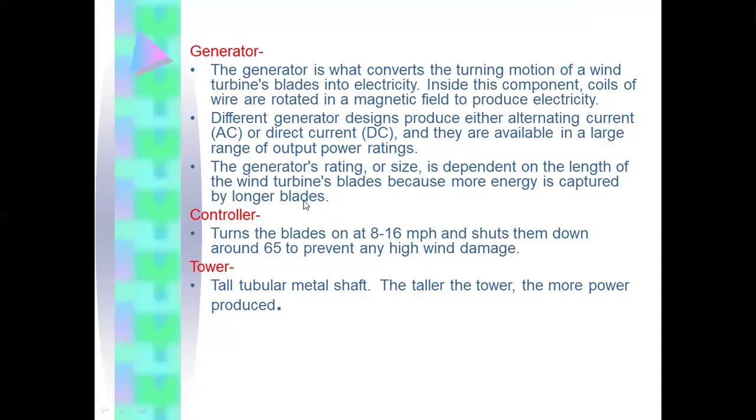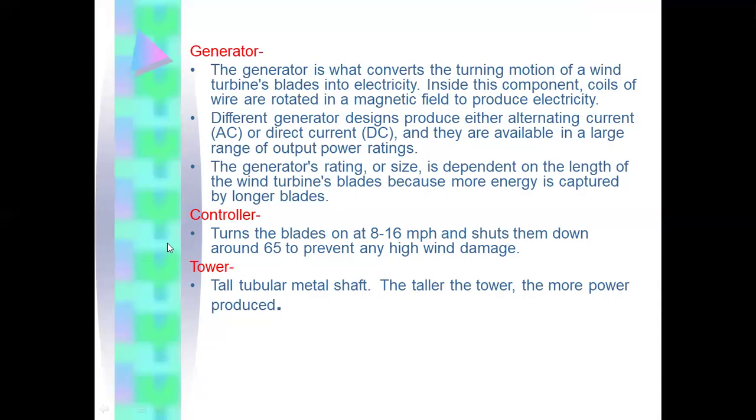The controller turns the blades on at 8 to 16 miles per hour and shuts them down around 65 to prevent any high wind damage. This is the suitable range of the wind velocity. 8 to 16 miles per hour wind speed is most suitable for electricity generation from windmills.